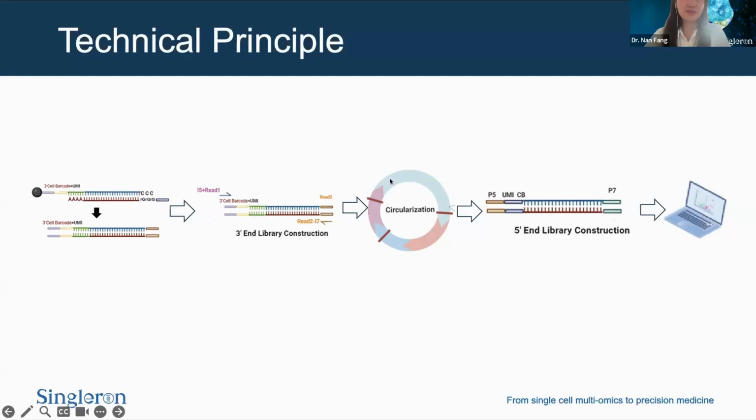And after that, we can do this circularization to bring the 5' region also close to the 3' cell barcode plus UMI, this personal ID of the transcript. And then we can generate a 5' library by breaking down this circle.